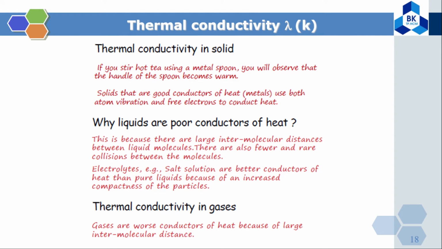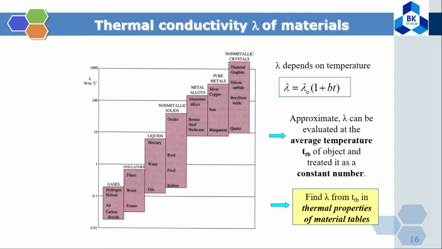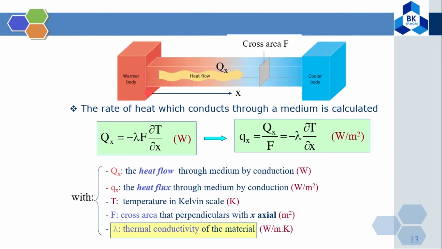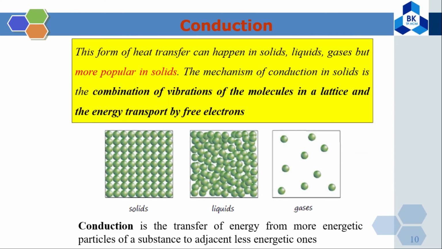You can see in the very first picture that for a solid, the molecules are very close, so it can conduct better, while a gas has just very few particles. So the interaction between them is really bad, and as a result conduction by liquid or gas is very low.